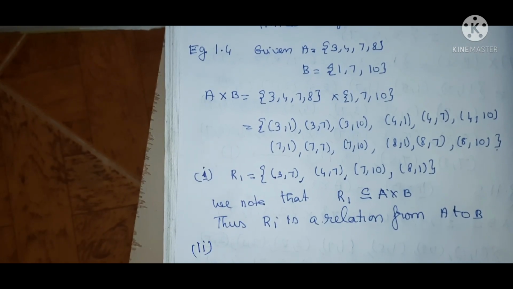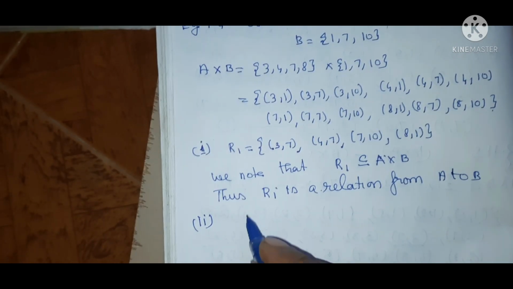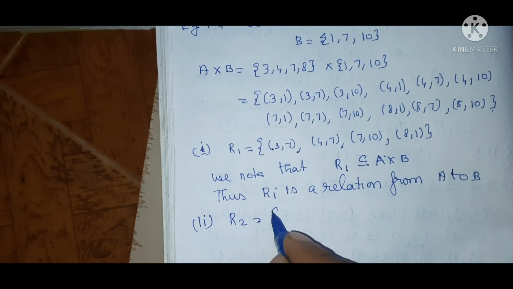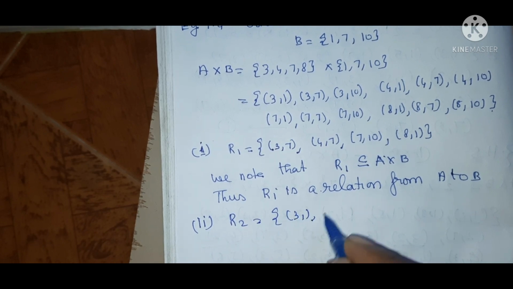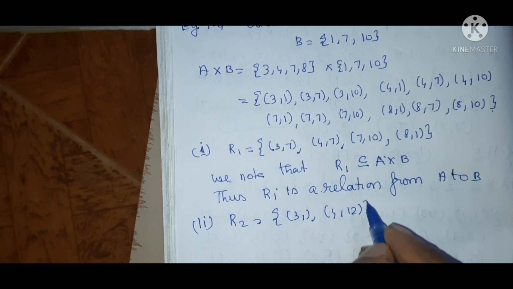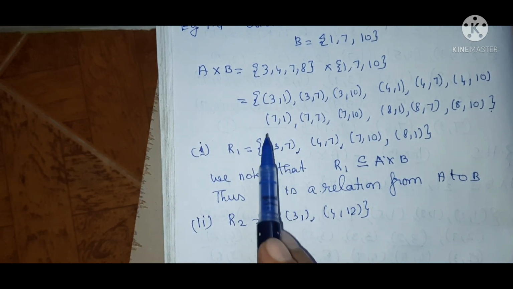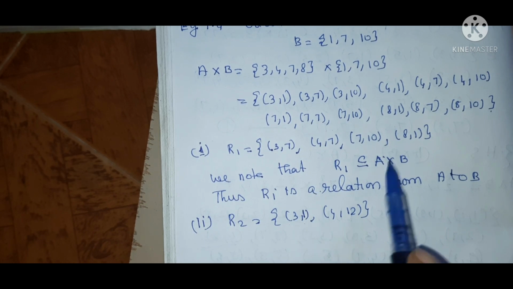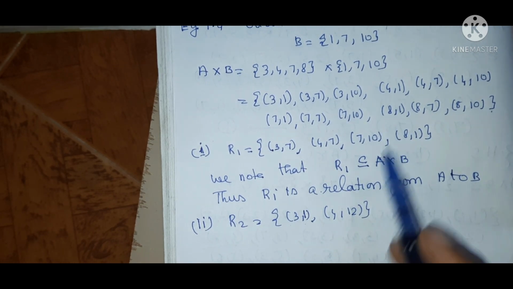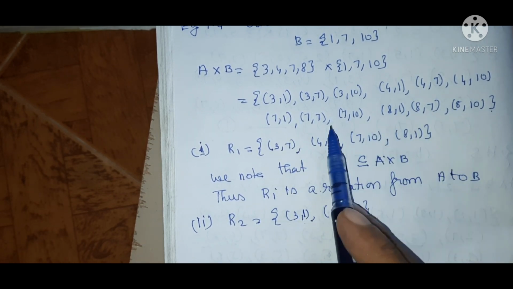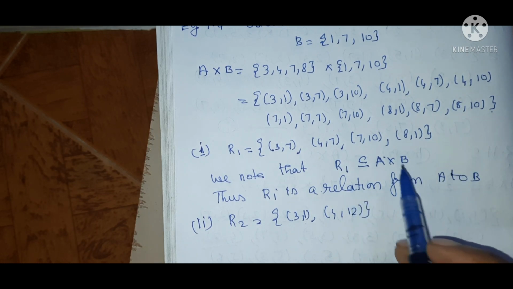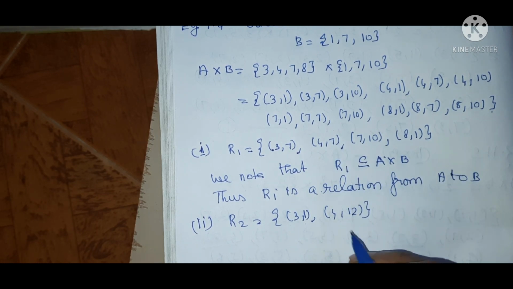Second one, R2. R2 is {(3, 1), (4, 12)}. (3, 1) compared to A cross B is there. And (4, 12): in A cross B, we do not have (4, 12). So it is not a relation.